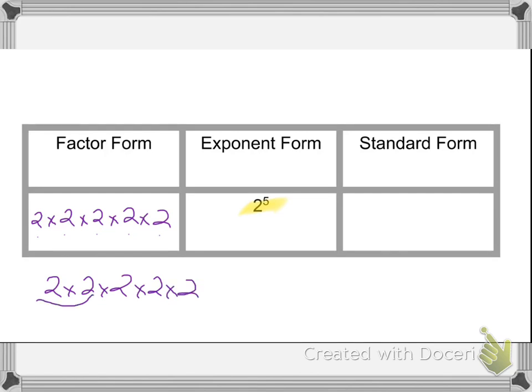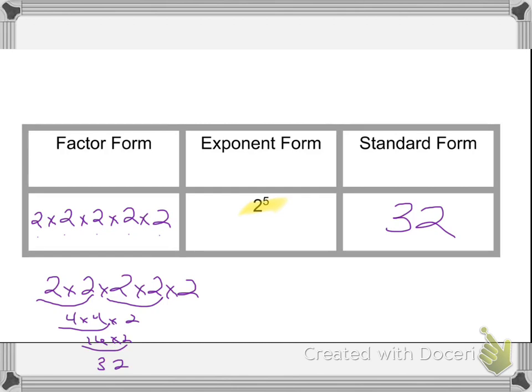So 2 times 2 is 4, 2 times 2 is 4, times another 2. 4 times 4 is 16, and then I'm going to multiply that by 2, so 16 times 2 is 32. And so that's going to be my standard form. I'm going to write a 32 in this little diagram.